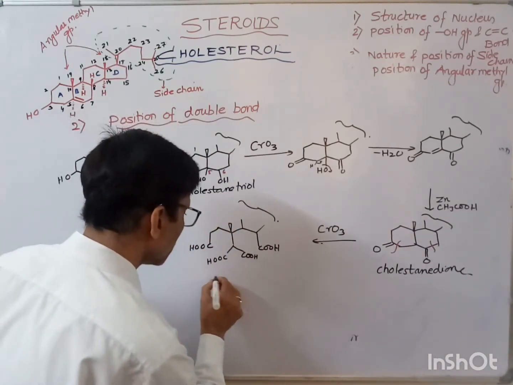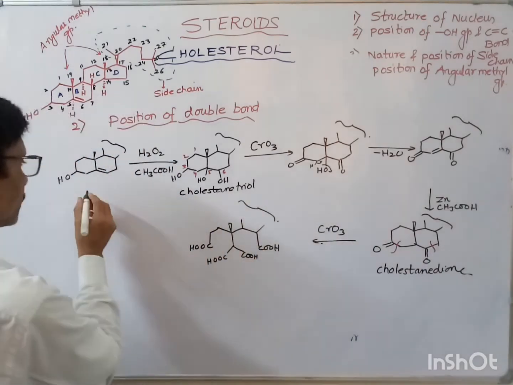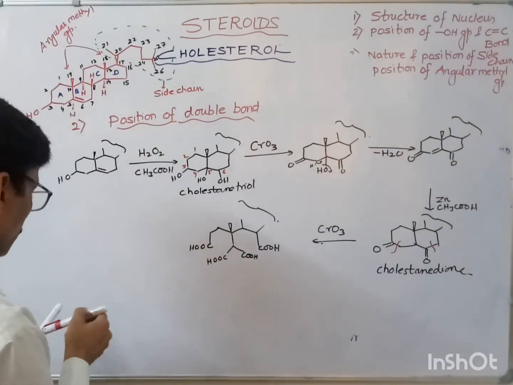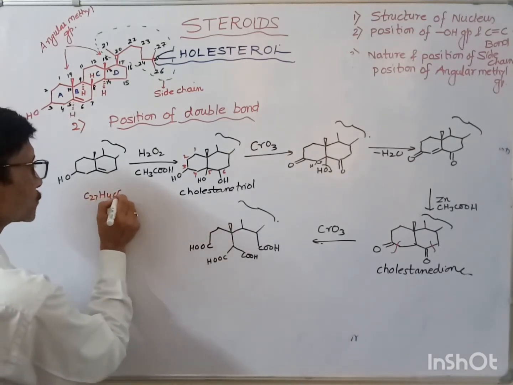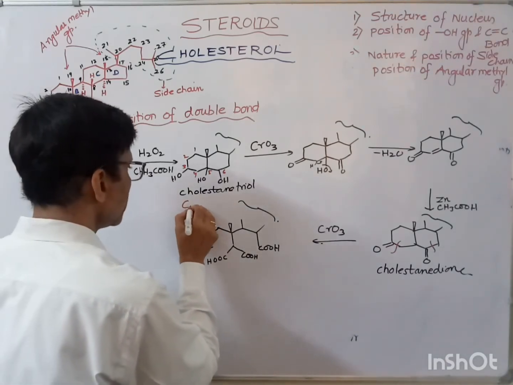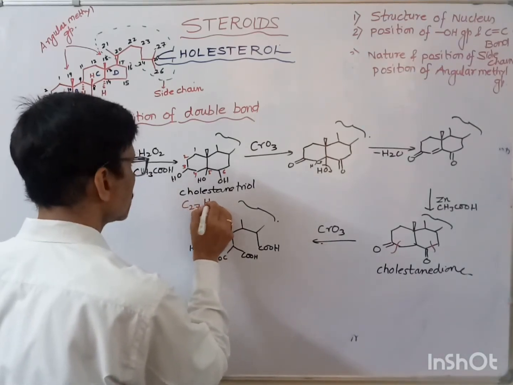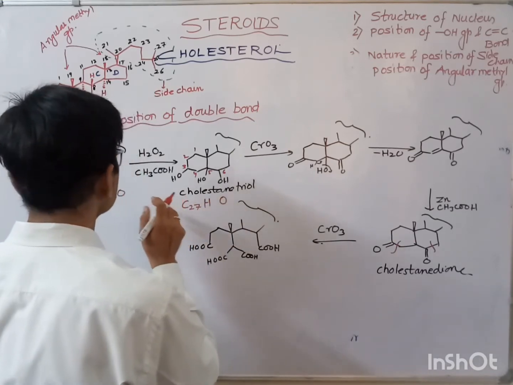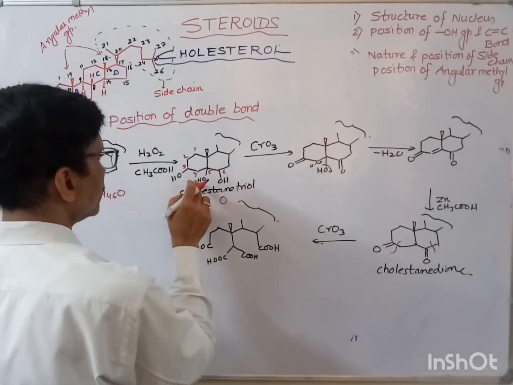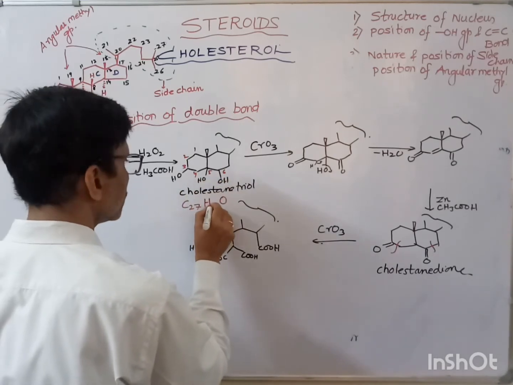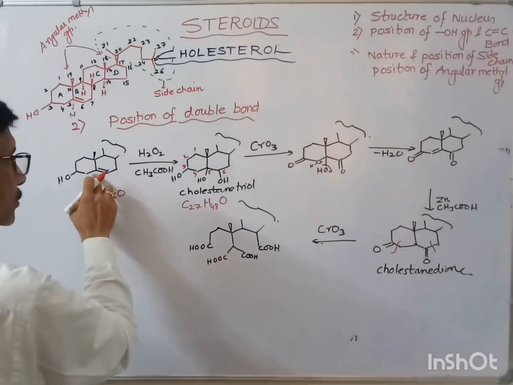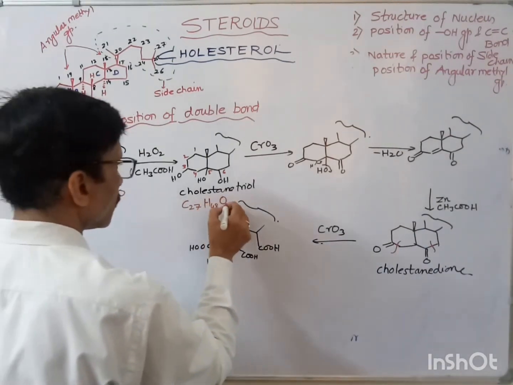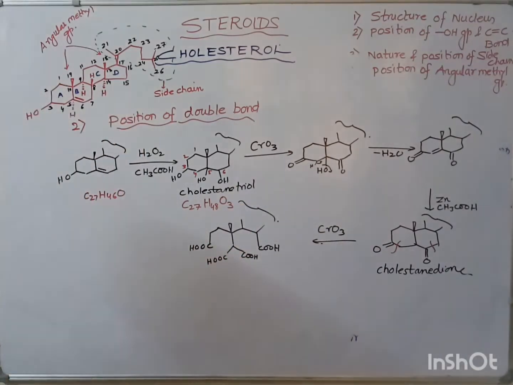If I write the molecular formula, it is C27H46O. How many hydrogens are present over here? These 2 hydrogens are added over here, making it 48. 2 hydrogens are added at this position and this position, and 2 oxygens are also added over there: C27H48O.